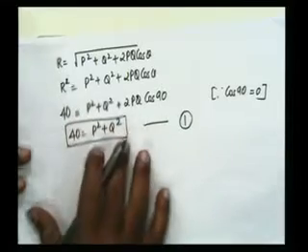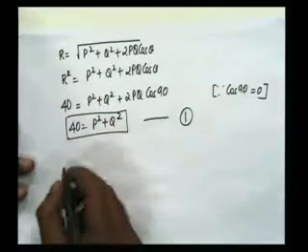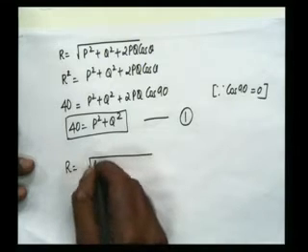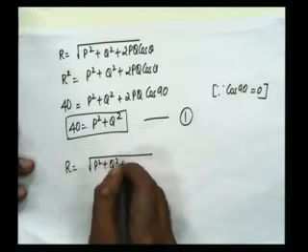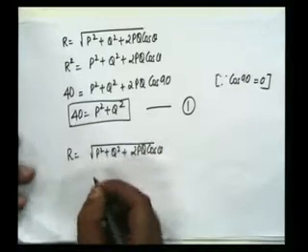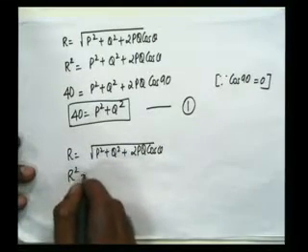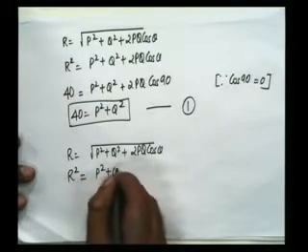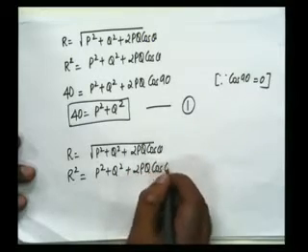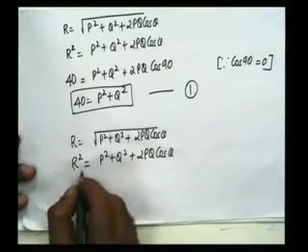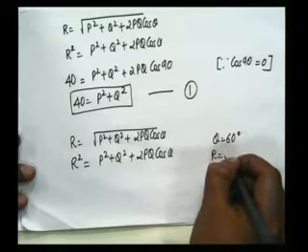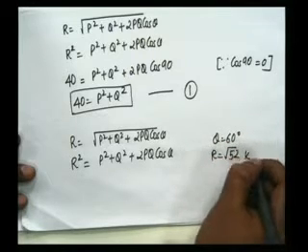Similarly, applying the same equation in the second case, we are having R is equals to under root of P square plus Q square plus 2PQ cos theta. In that case, squaring on both the sides, we are having R square is equals to P square plus Q square plus 2PQ cos theta. Now, when theta is equals to 60 degree, R is equals to under root of 52 kilonewton.